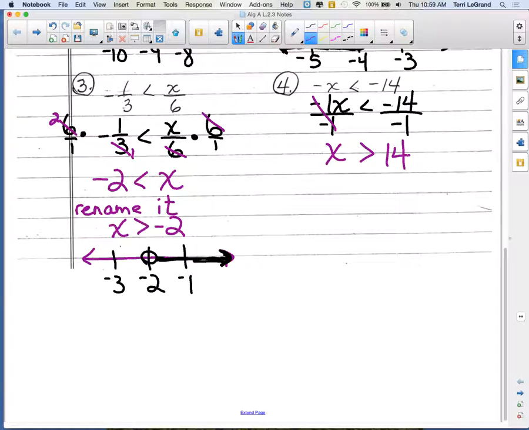Okay, do we need to rename this one? No need to. Let's go ahead and get it graphed.